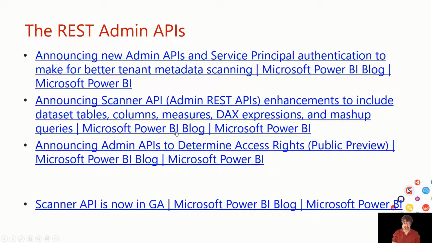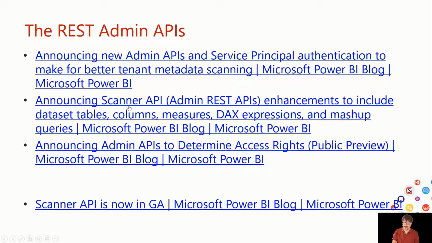Here are the links to all the latest announcements. The first announcement announced the scanning REST APIs, and then the enhancement to these REST APIs, so that now you also get the DAX expressions, the Mashup queries, the measures, the columns, all the tables that are inside the dataset, and things like that.